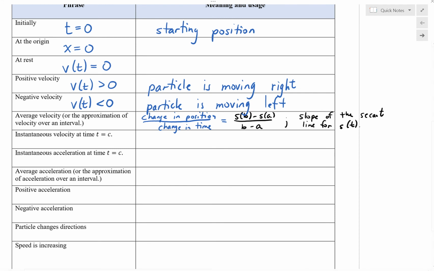Instantaneous velocity at time t equals c is where the derivative comes into play. The instantaneous velocity at t equals c is s prime of c, or we could also think of that as v of c. That's the velocity at a single moment.